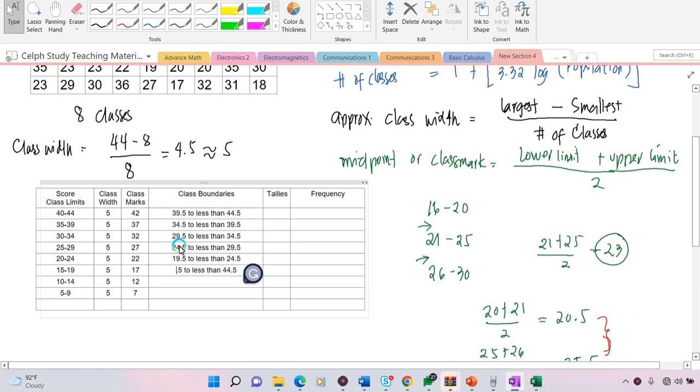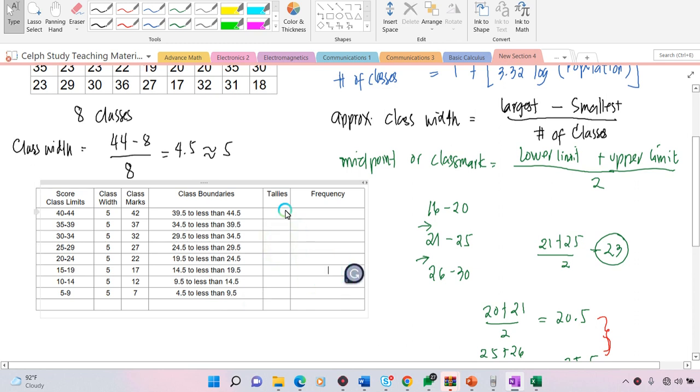This is 14.5 to less than 19.5. Next, we have 9.5 to 14.5, and we have 4.5 to less than 9.5.